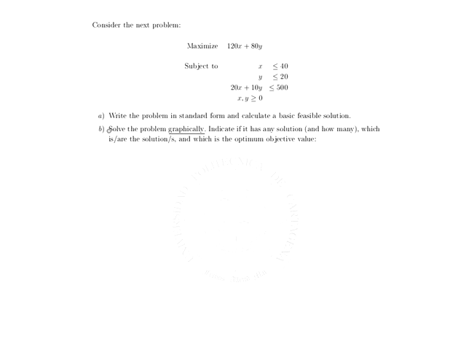We must write the problem in standard form, calculate a basic feasible solution, and solve the problem graphically. Indicate if it has any solution and how many solutions, which are those solutions, and which is the optimum objective value.